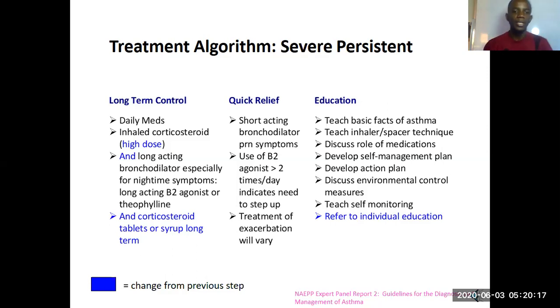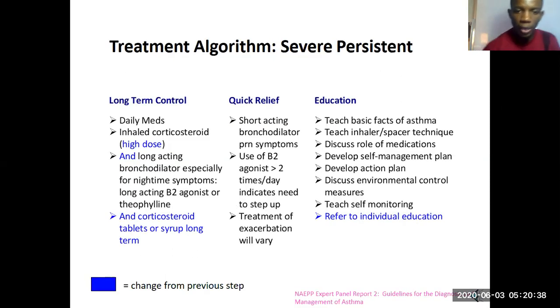These are long-acting beta-2 agonists or theophylline, and a corticosteroid tablet or syrup for the long term. For quick relief, the patient should have the short-acting bronchodilator as required. Again, use of the beta-2 agonist more than twice a day indicates that you need to step up. The treatment of this exacerbation will vary. The education still remains the same.